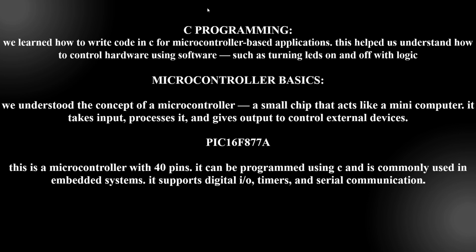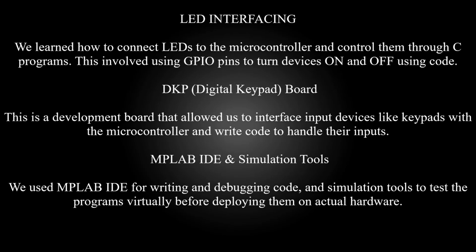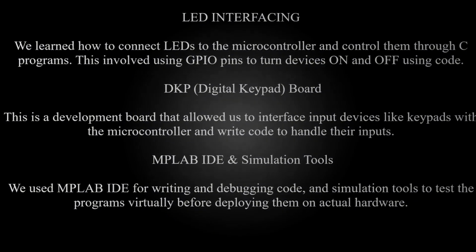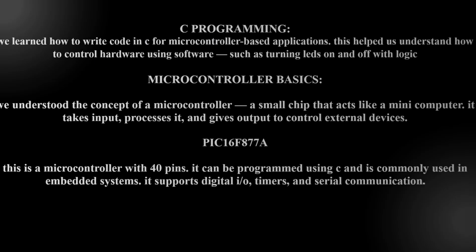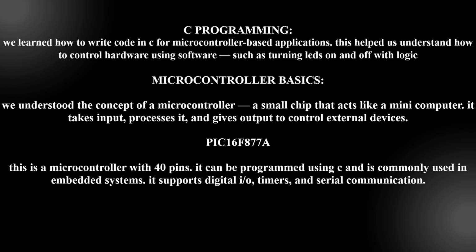We have also learned C programming, microcontroller basics, PIC16F877A microcontrollers, LED interfacing, DKP board, MPLAB IDE, and simulator tools. So, C programming: we learned how to write code in C for microcontroller based applications.